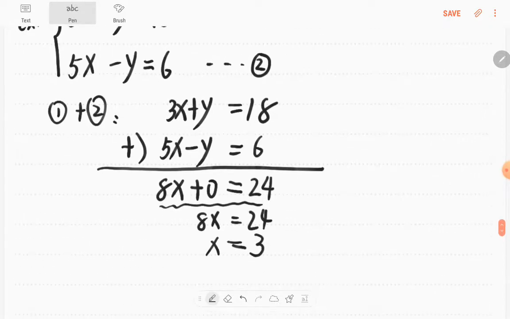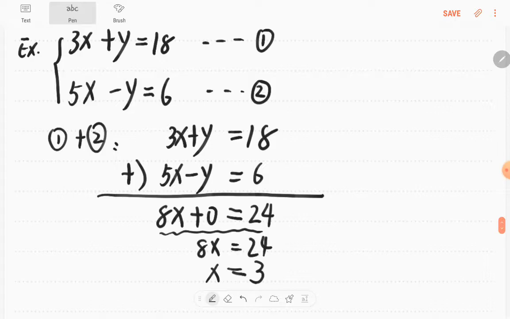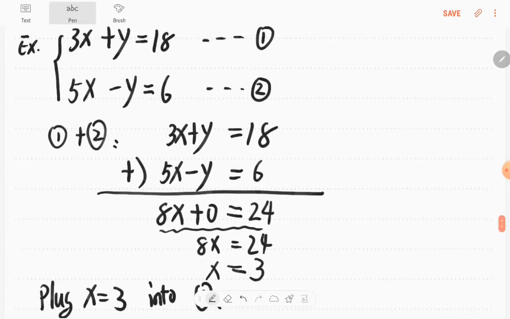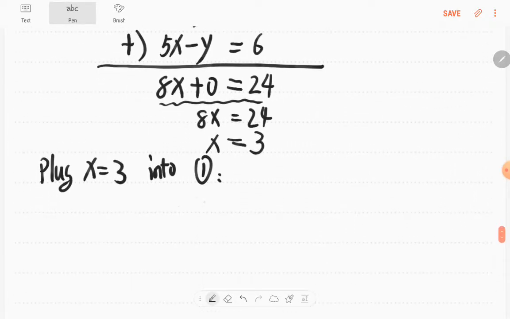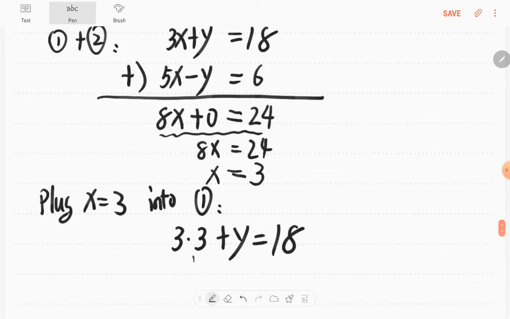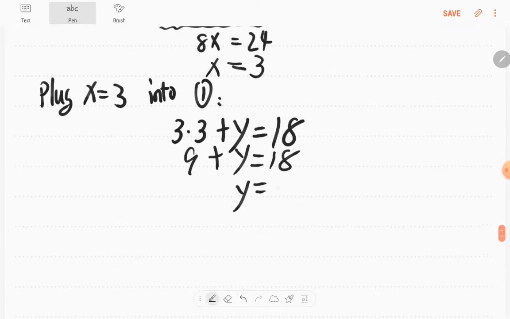So we have x equals 3, and you can plug x equals 3 into any equation to get the y value. For example, we plug x equals 3 into equation 1: 3x plus y equals 18. So it's 3 times 3 plus y equals 18, then 9 plus y equals 18, and y equals 9.